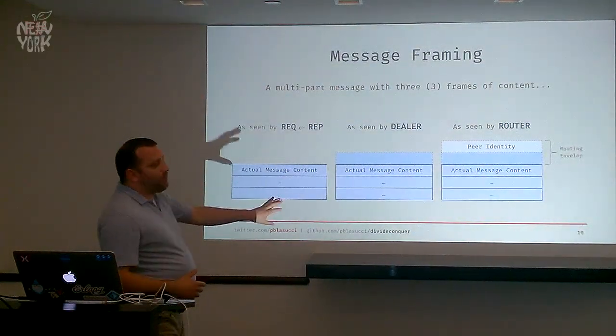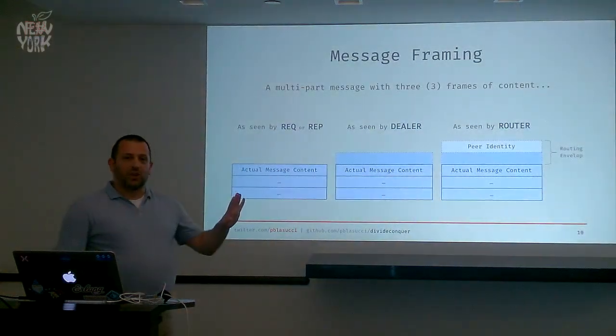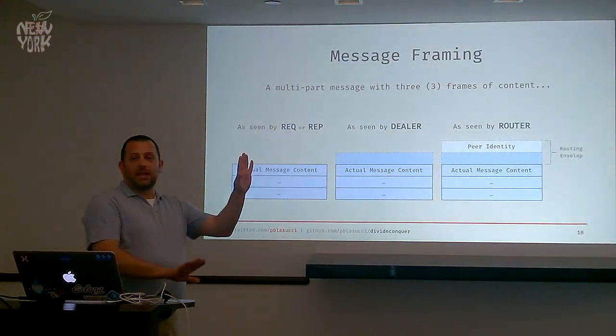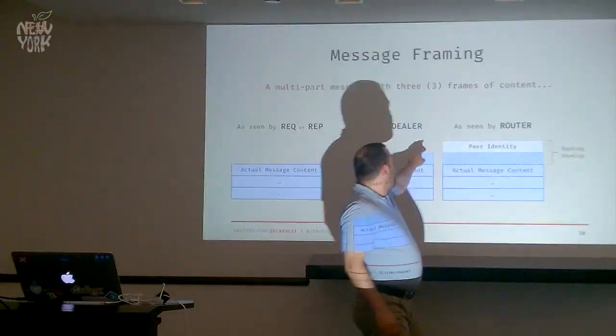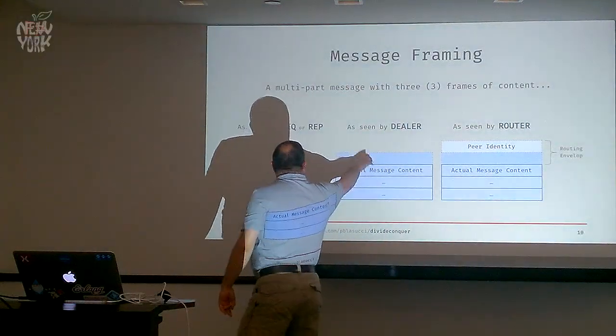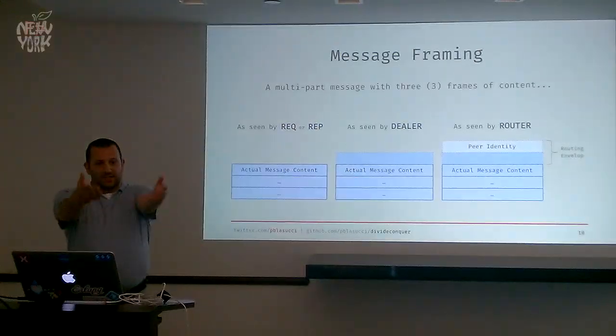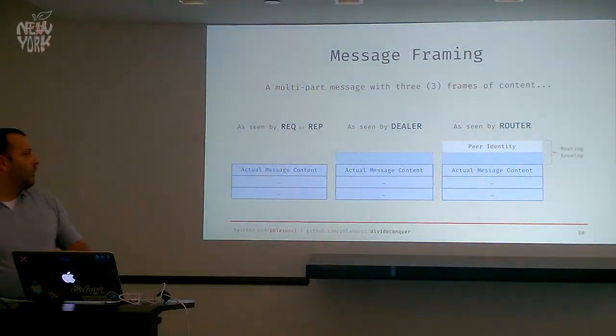Now, I've oversimplified here a little bit. Routing envelopes can get stacked on top of each other. If you chain together many router dealers in sequence, you'll start to see more and more of these peer identity frames get stacked onto the routing envelope, and at some point they do become visible to the dealer. But that's the big thing with router and dealer.